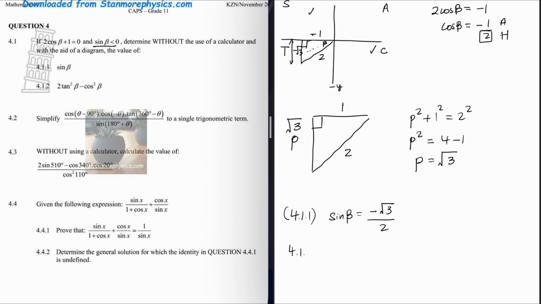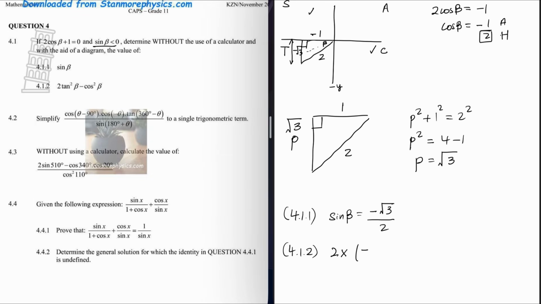Question 4.1.2, 2 tan squared beta minus cos squared beta. Now it's just a matter of substituting. So 2 multiplied by tan squared beta. So let's first figure out what tan beta is. Tan beta is going to be opposite over adjacent.